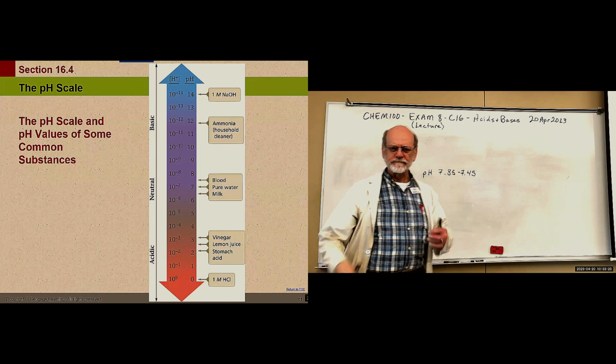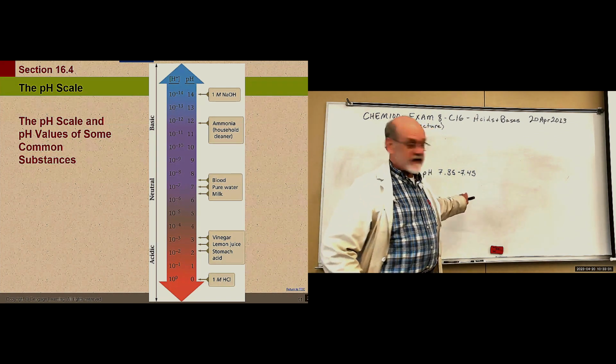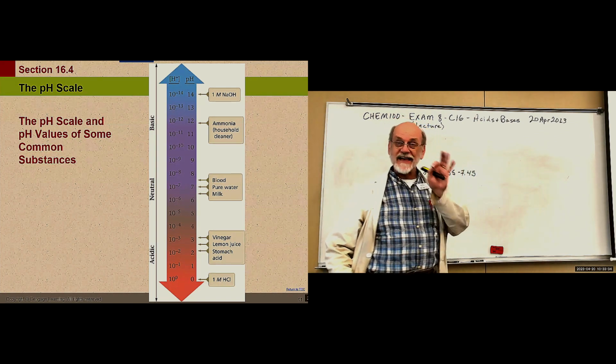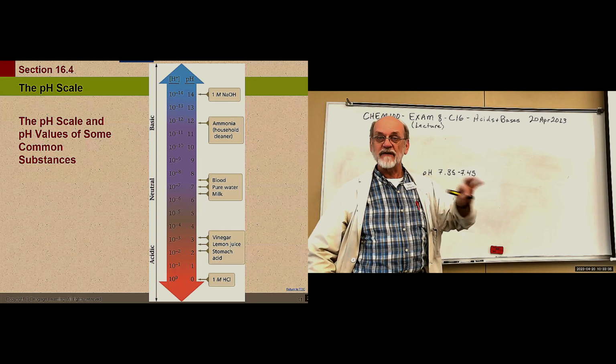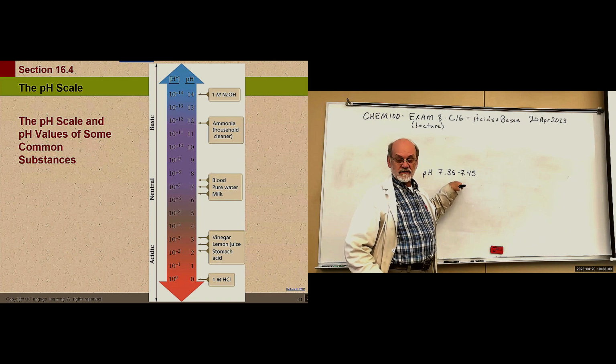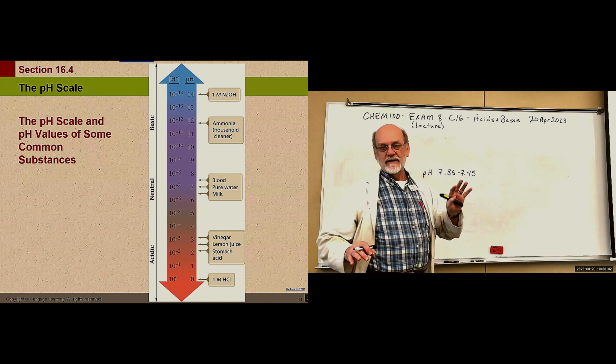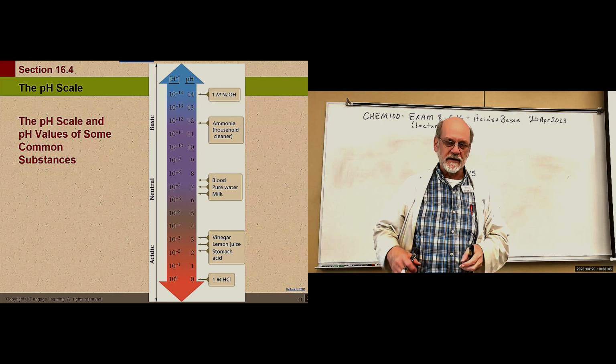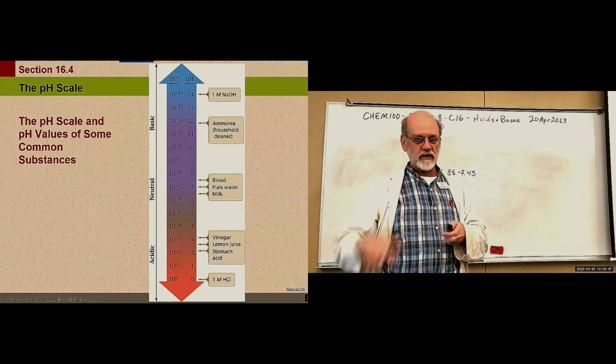I believe that's right. And we're going to talk about that as our last topic. This is the topic of buffers. How does your blood stay within that range with everything that's going on? And that's where buffering comes in. But hold that thought. We'll talk about it later.